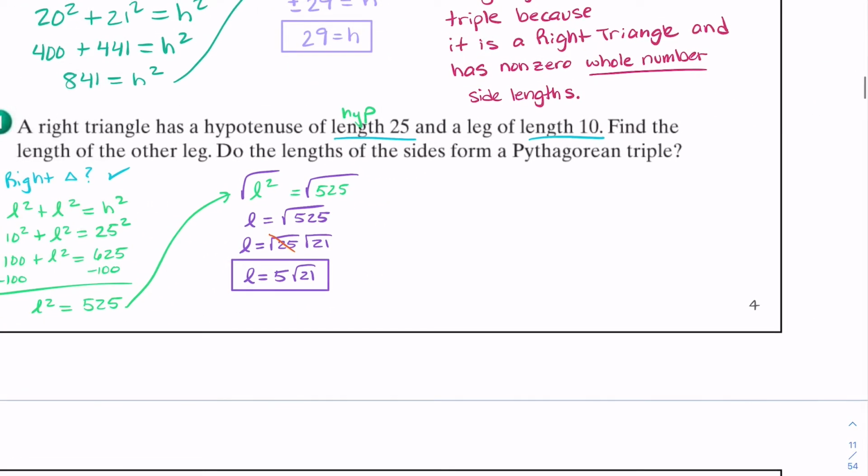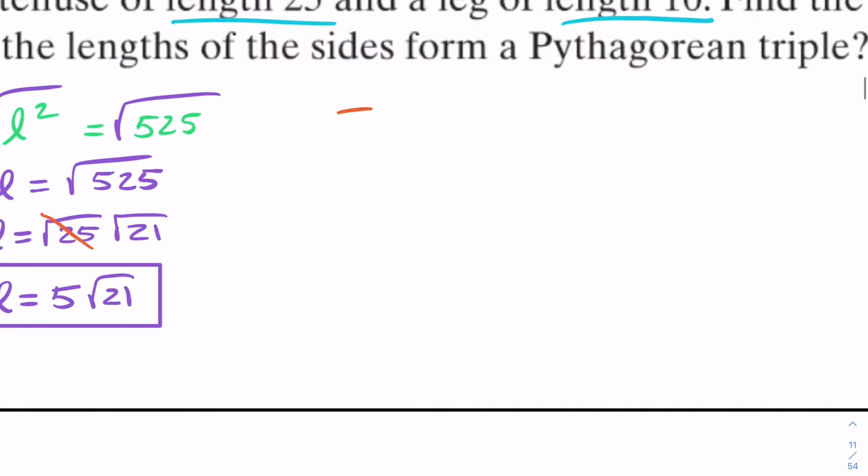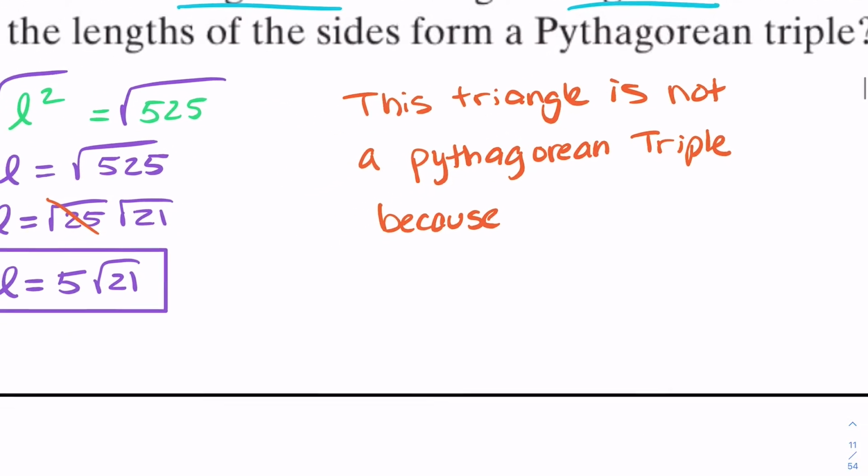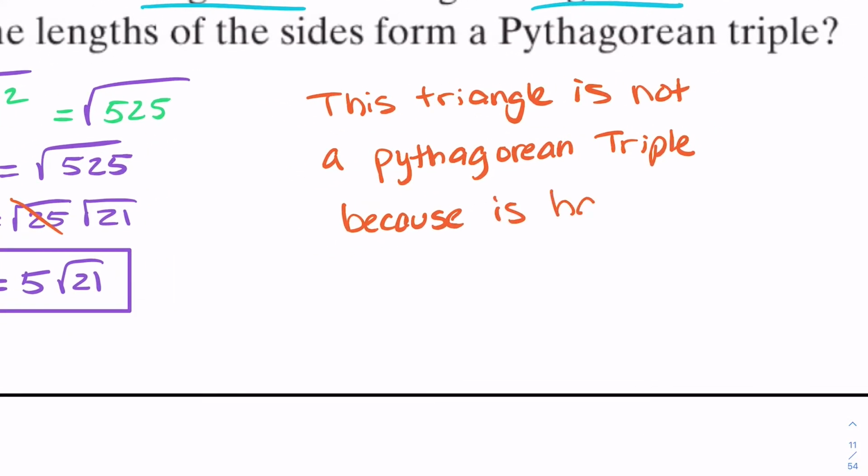No. Did it give us a name? No. This triangle, I'll write it out. This triangle is not a Pythagorean triple because it has an irrational, which means non-rational.